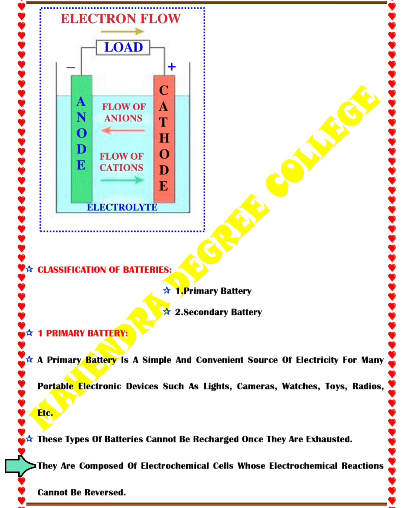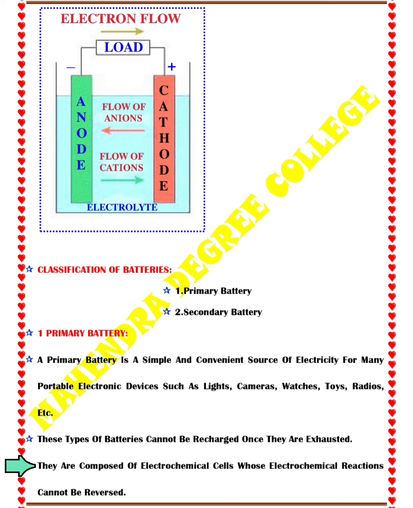The chemical reaction that produces electricity in these batteries happens only once. Once the battery is drained, the chemical change is permanent and it cannot be reversed by charging.